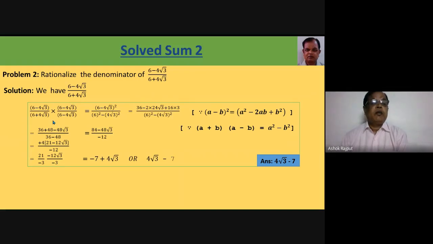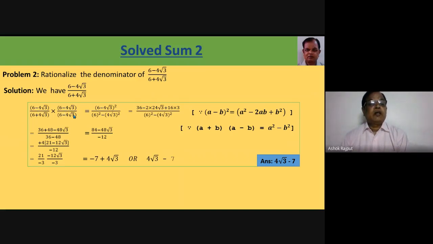We will multiply both numerator and denominator by 6 minus 4 root 3. In the denominator we see it is a plus b form and a minus b form, and in the numerator both are the same, 6 minus 4 root 3, 6 minus 4 root 3.